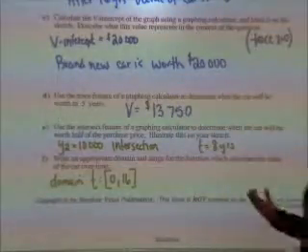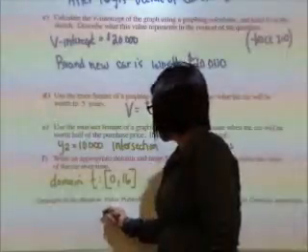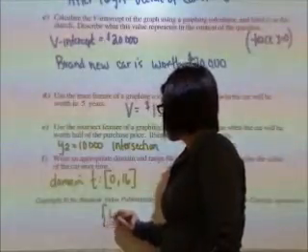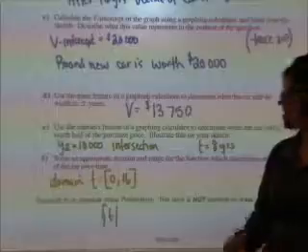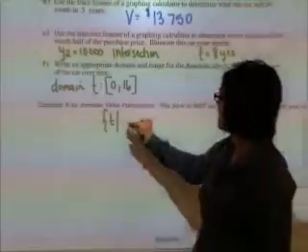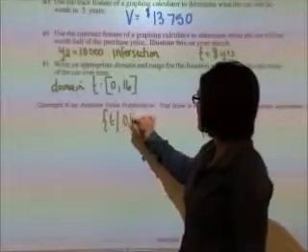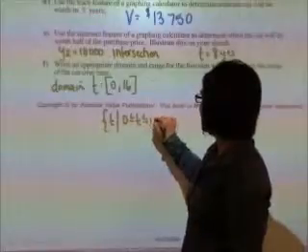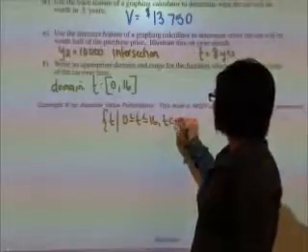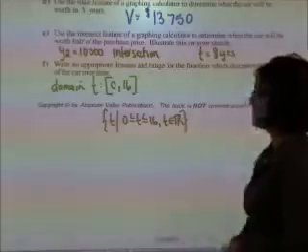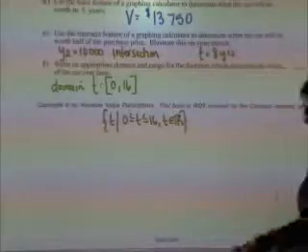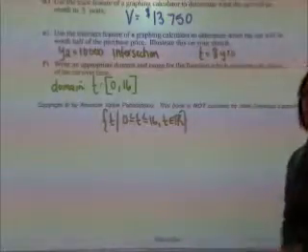If I did set notation, it would be the set of t values such that t is between 0 and 16, and t is a real number. So that's my domain.